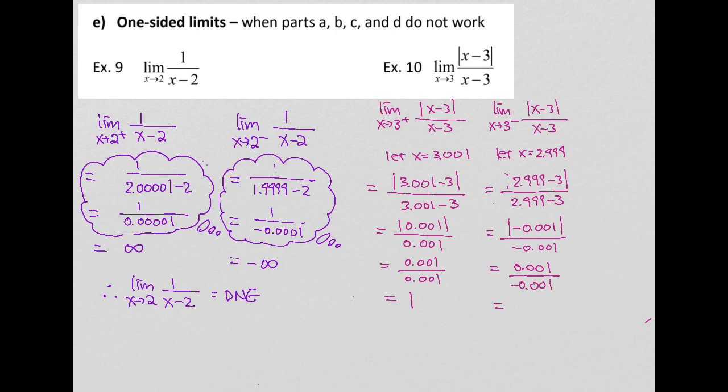So your answer will be negative 1. On the right-hand side limit, you get positive 1. On the left-hand side limit, you get negative 1. Because they do not have the same constant, therefore the limit as x approaches 3 of absolute value of x minus 3 divided by x minus 3 does not exist.